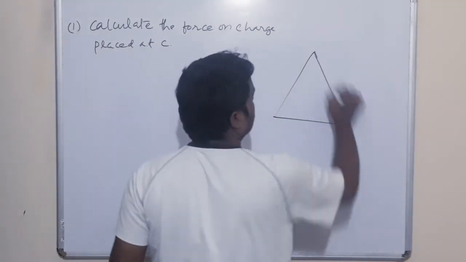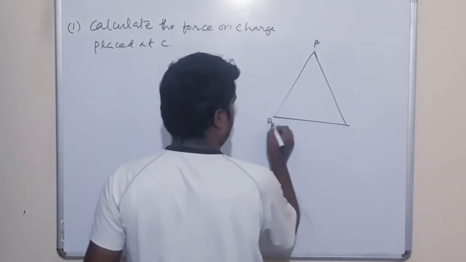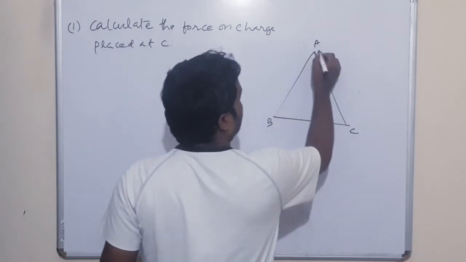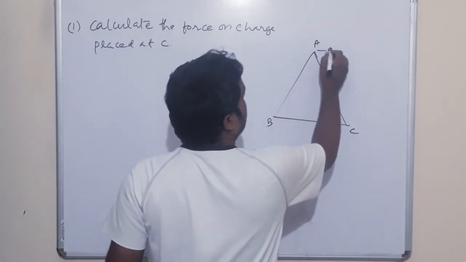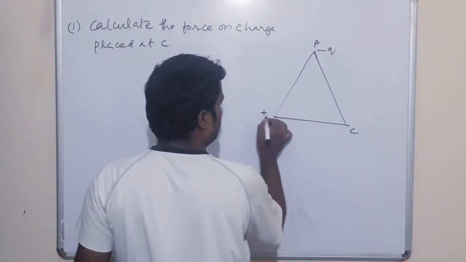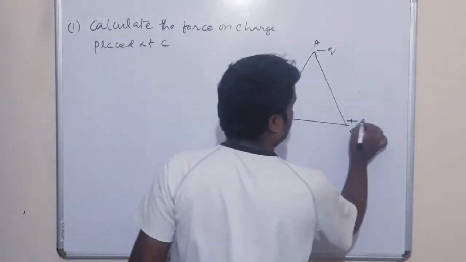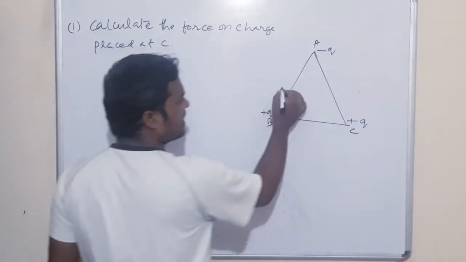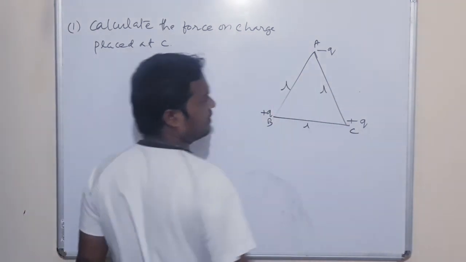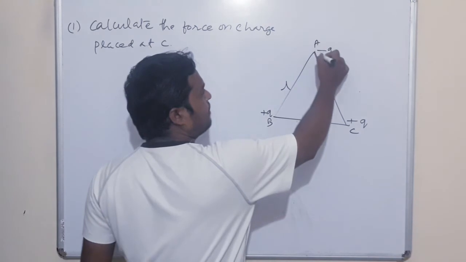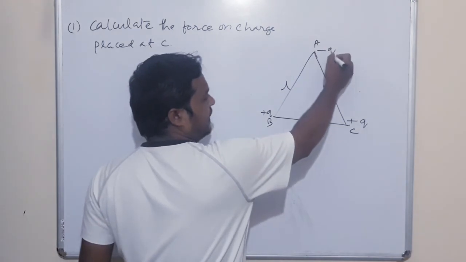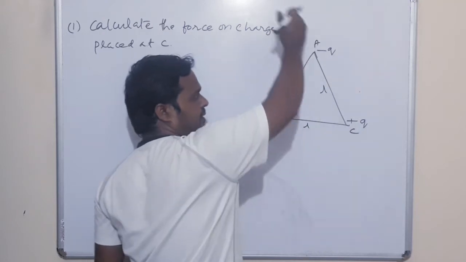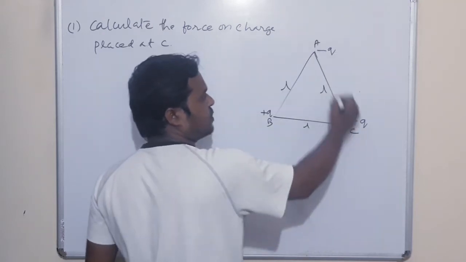This is again an equilateral triangle ABC. Let me take this as minus Q. This is plus Q. This is plus Q. Now you see, each side is equal to L. This charge placed at A will attract the charge at C in this direction, because it is negative, it is positive.